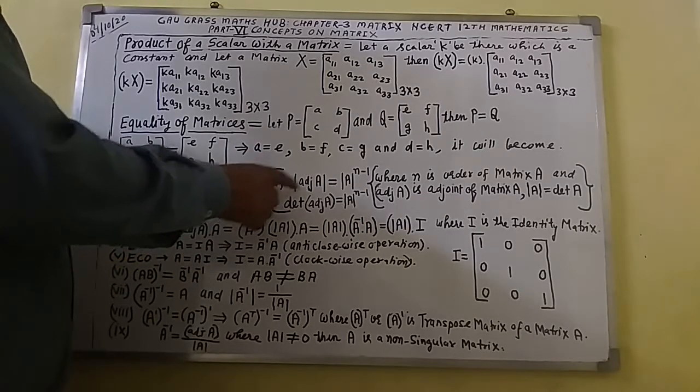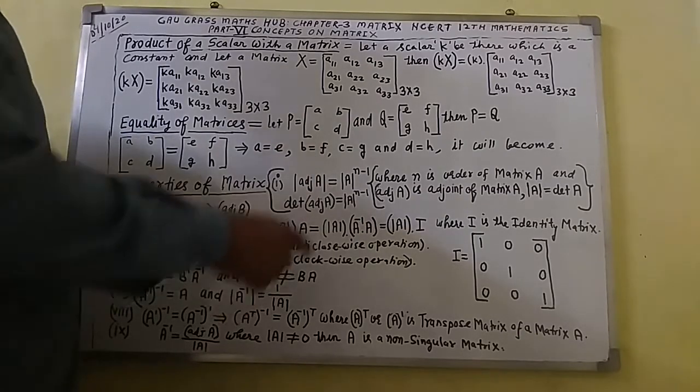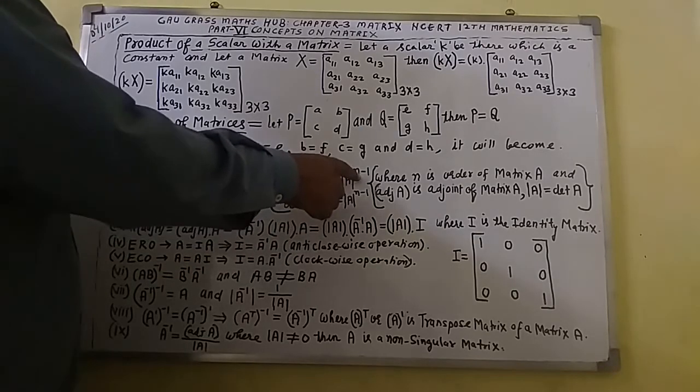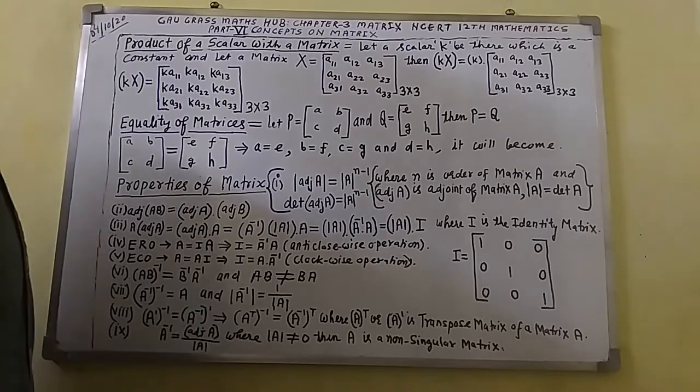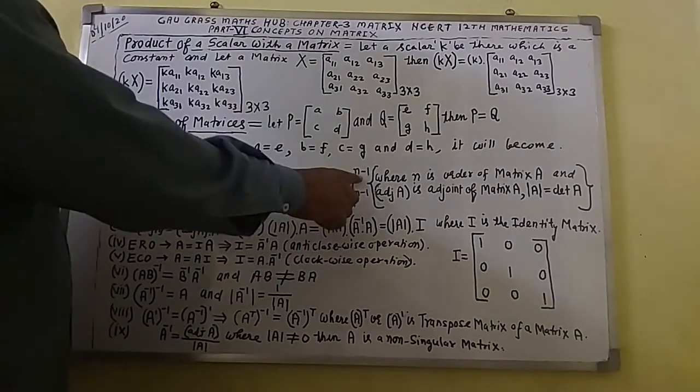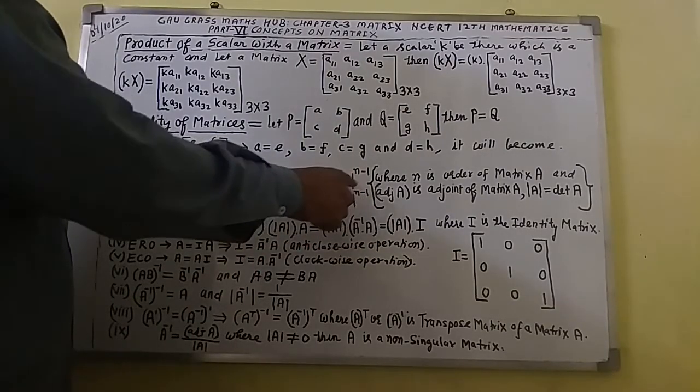Det adjoint A equal to det A raised to the power n minus 1. This is the formula you must remember. Here n is the order of the matrix A.